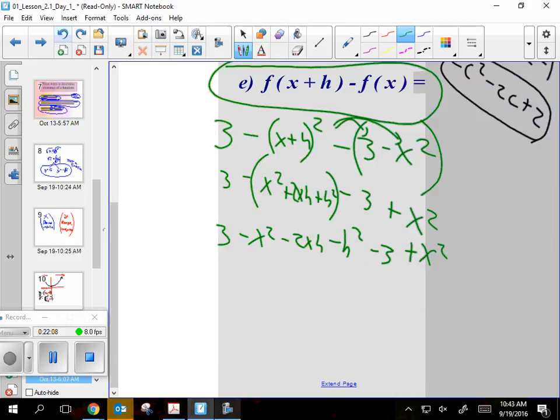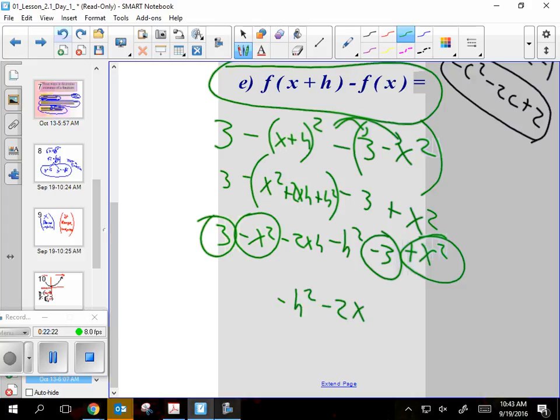And last but not least, I put together like terms. A -3 and a positive 3 cancel. A negative x squared and a positive x squared cancel. And all I'm left with is negative h squared minus 2xh. And if you want, I'd be okay with you reversing those two and putting the negative 2xh first.